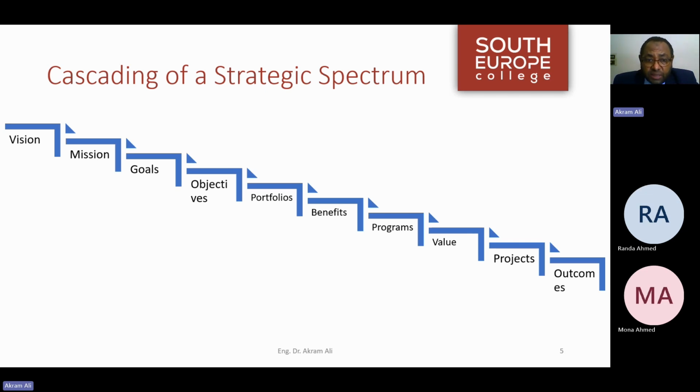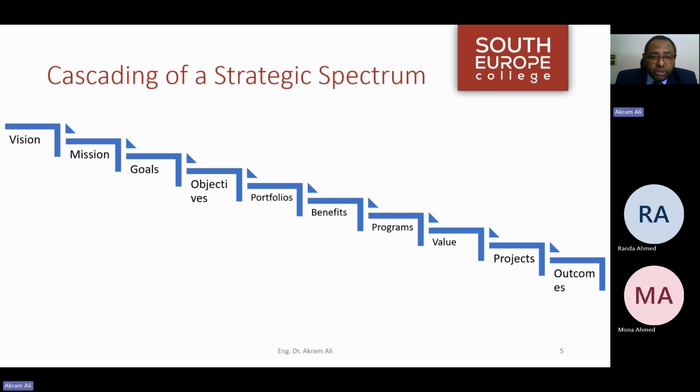However, to cascade the strategic plan, and what we mean by cascading the strategic plan is how it drills down, or how it penetrates downwards through the organization from top management to lower tiers of organization, in order to implement the strategy, we refer to this as cascading of strategic plan.